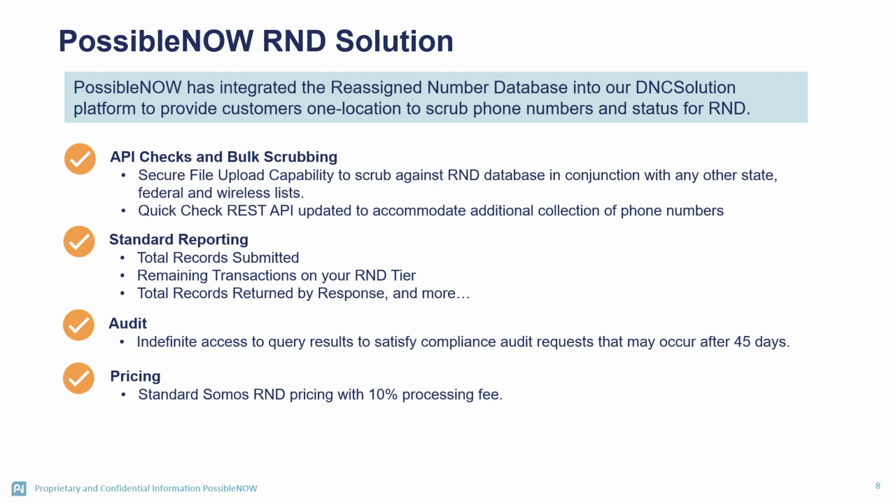So, really as it relates to the safe harbor components of DNC solution, we can talk about R&D. So of course, R&D has a safe harbor component, and we've integrated the FCC's reassigned number database into DNC solution.